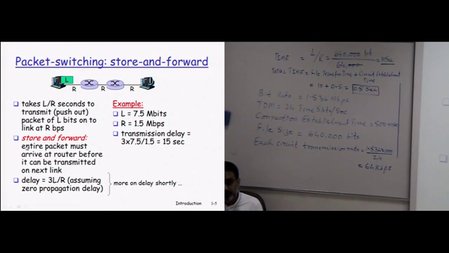Store and forward: the entire packet must arrive at the router before it can be transmitted on the next link, as we discussed already. And how much delay will it take now? First I had written delay, then I changed it to time.